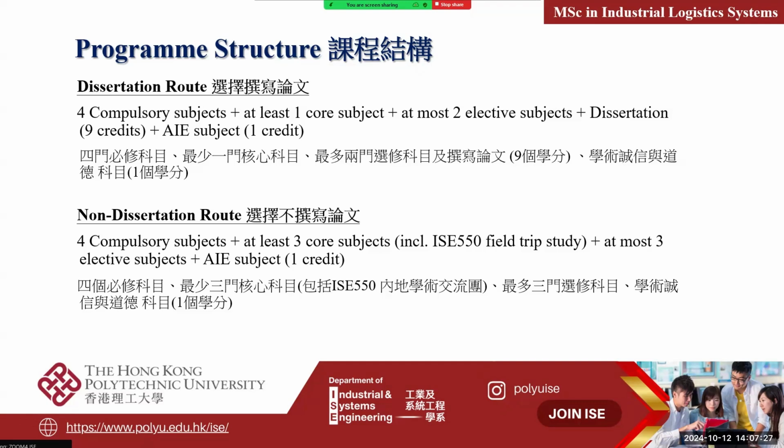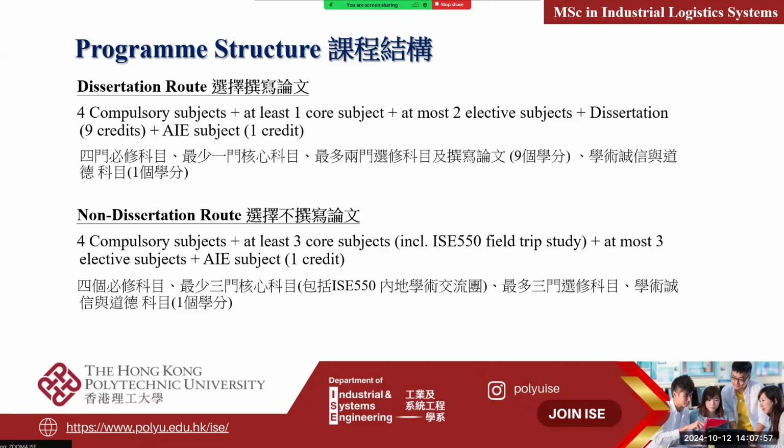If you do not choose the dissertation, you need to attend ICE 550, namely the field trip study. It is a tour study, in which students will visit some well-known high-tech companies in mainland China. Then you will know how to use what you have learned from this program to solve the real-world problems existing in logistics engineering or supply chain management.